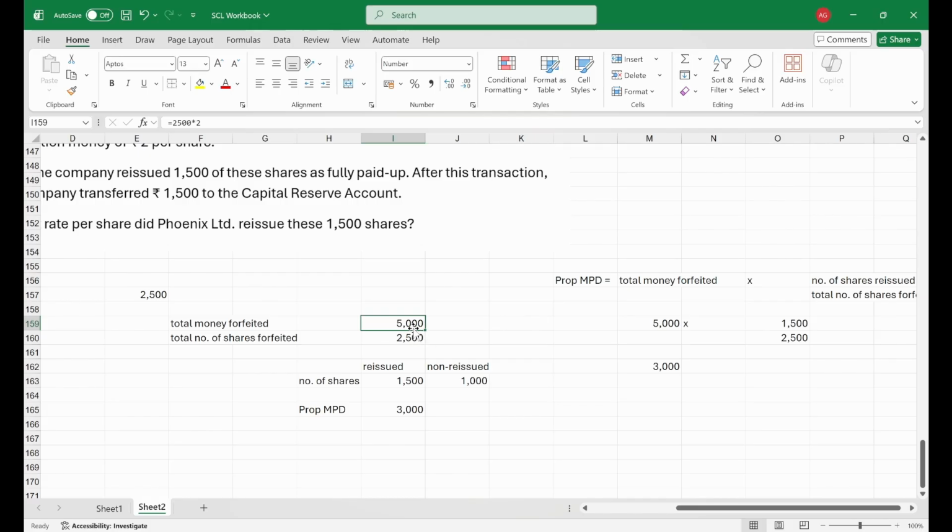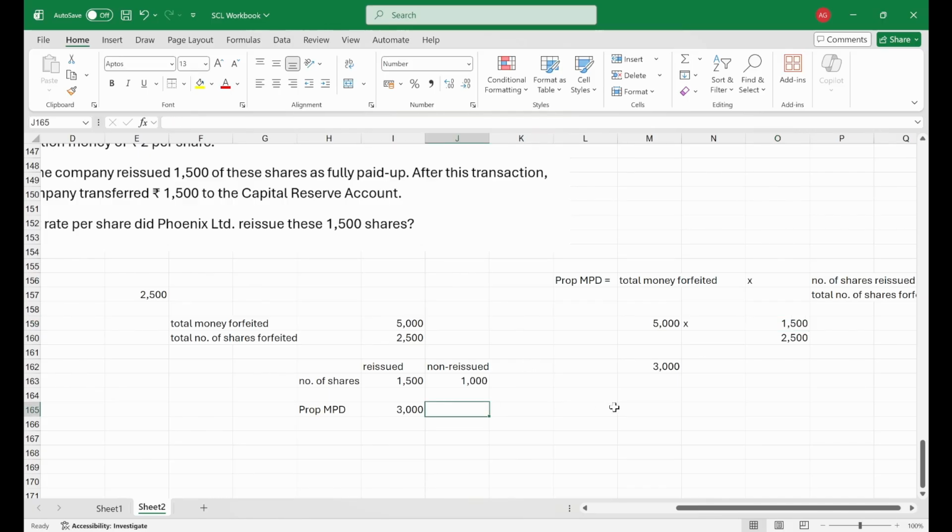I can give 5,000 rupees discount. But now I am not reissuing the entire 2,500. I am reissuing only 1,500. Therefore, what is the proportionate discount? If 5,000 rupees is the discount available for 2,500 shares, then what is the proportionate discount available for 1,500 shares?